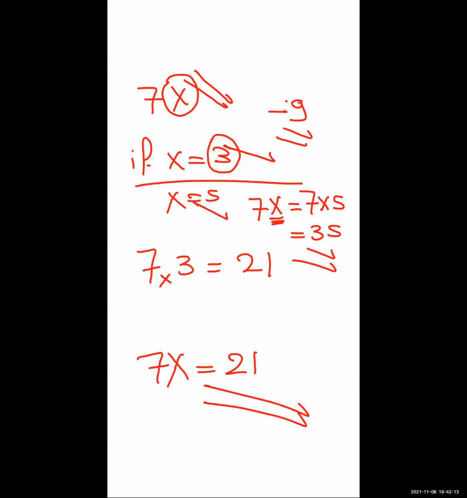Okay, so the next point is the algebraic term. An algebraic term means a number, or a variable, or a product of a number and a variable.